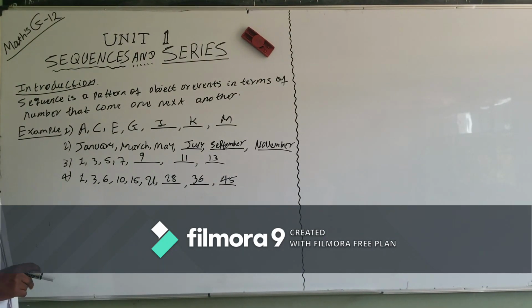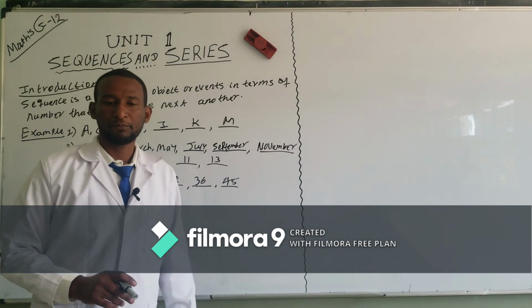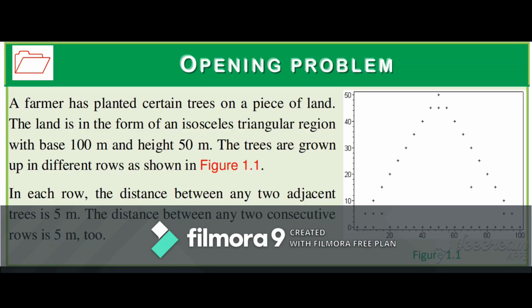Let us see one opening problem from the textbook. Opening problem. A farmer has planted certain trees on a piece of land. The land is in the form of an isosceles triangular region with base 100 meters and height 50 meters.